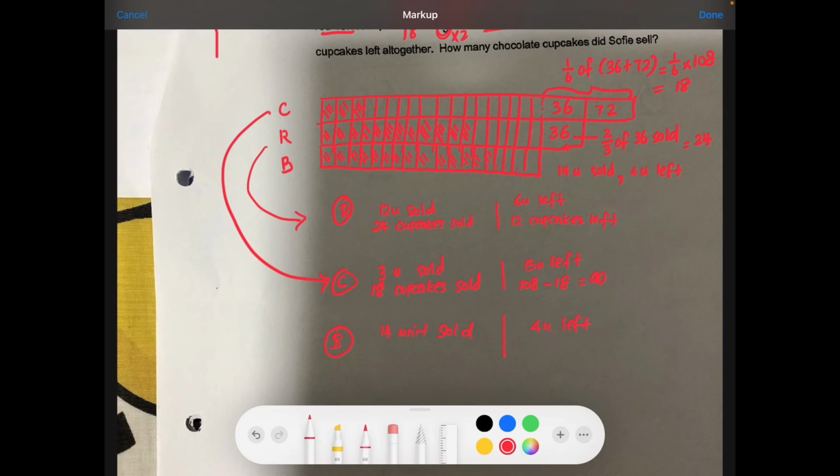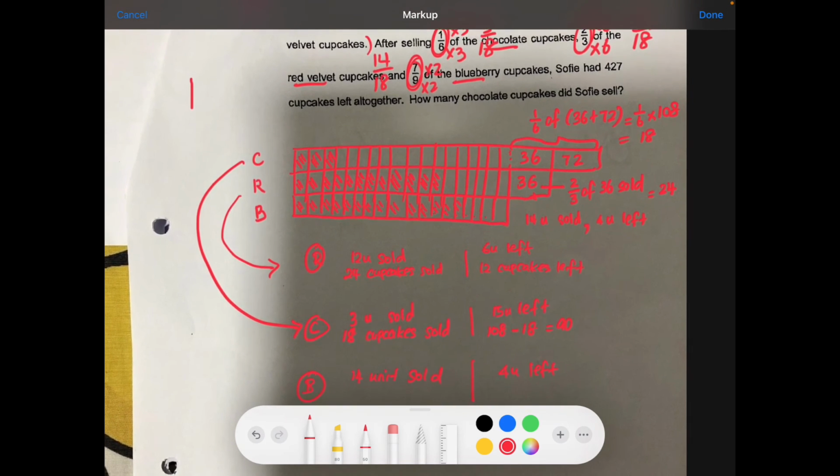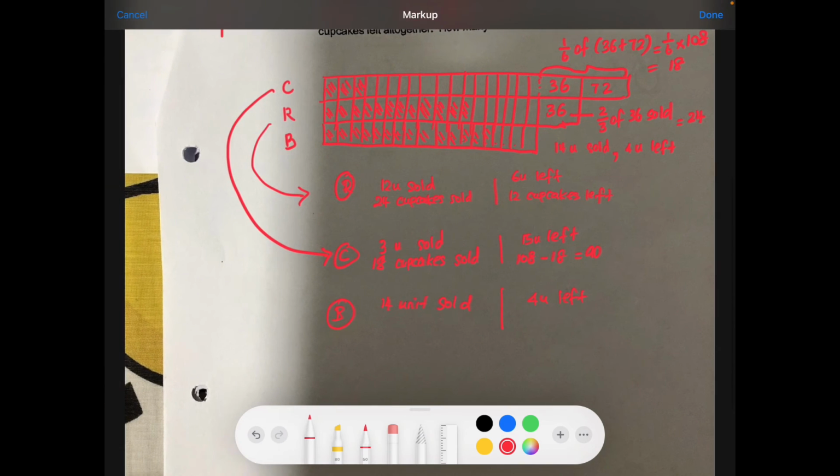Now we focus on the left part. The question says that she had 427 cupcakes left. So essentially it meant the left value. So this would mean 427. Let's try to combine all the left. How many units are there in total? I'm focusing on the left. I would have 6 units plus 15 units plus 4 units.